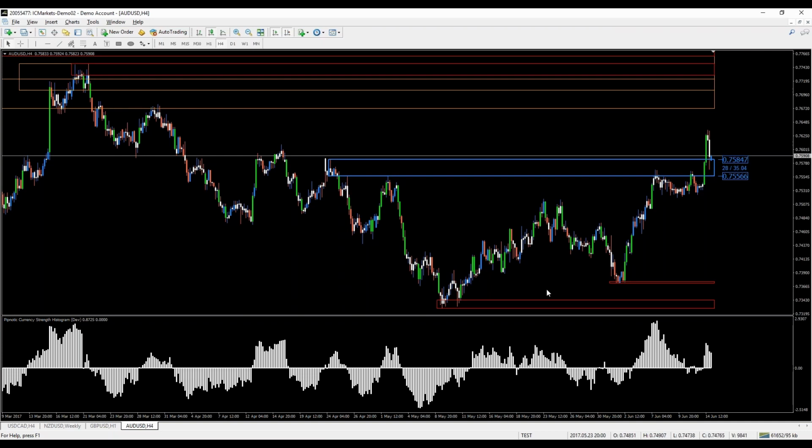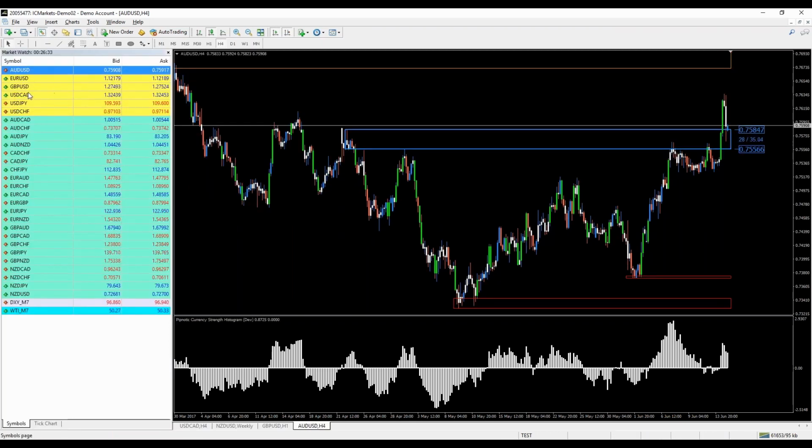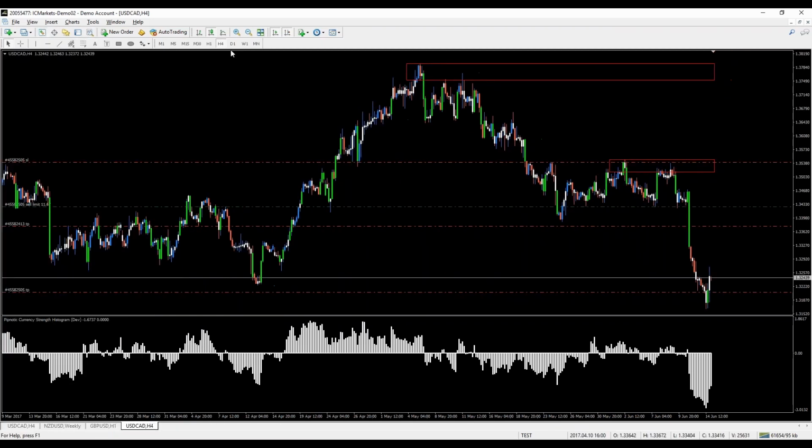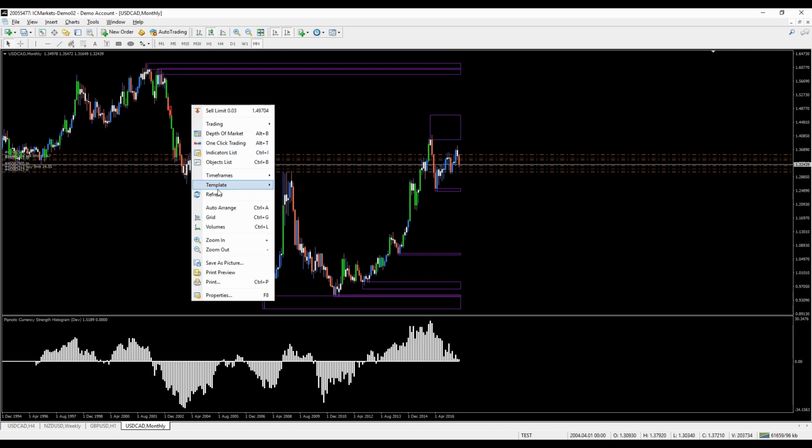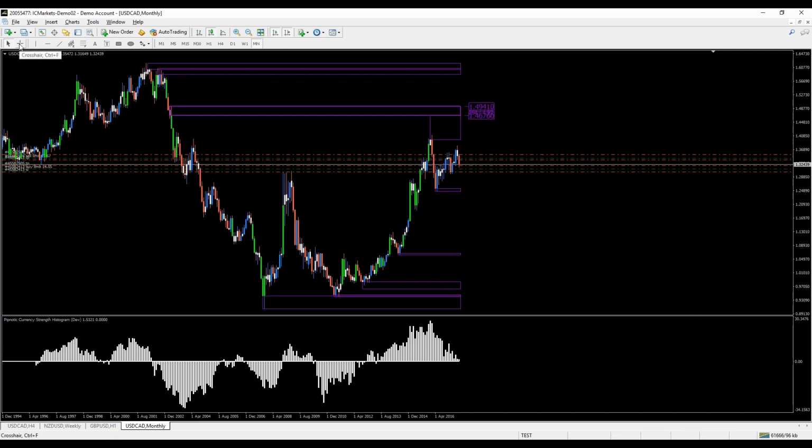Like all-time highs and lows are typically apparent supply and demand, or continuation patterns like this one, or we have another one, a really nice one on the CAD that we spotted like a year ago. This one here, we were selling up here ages ago.